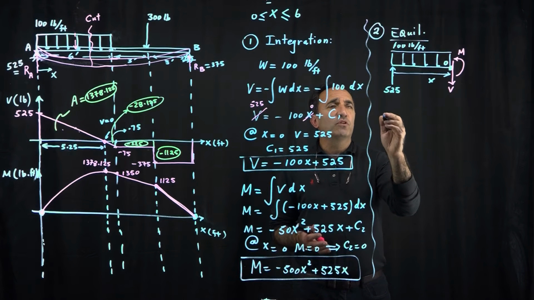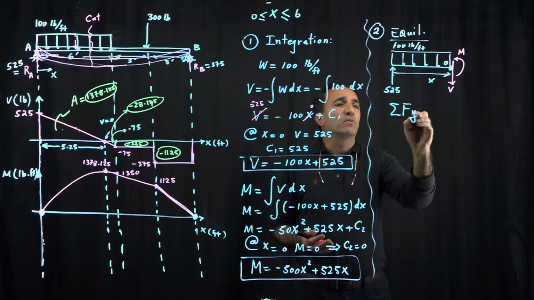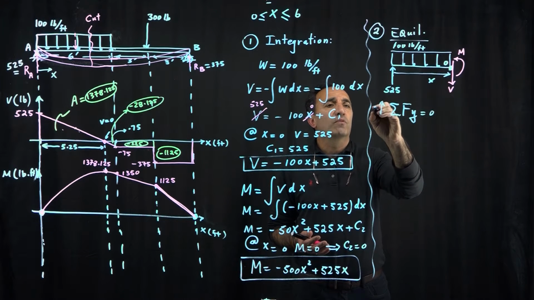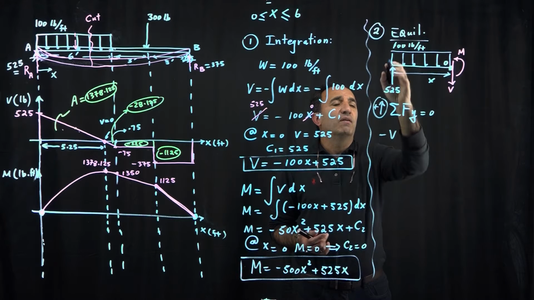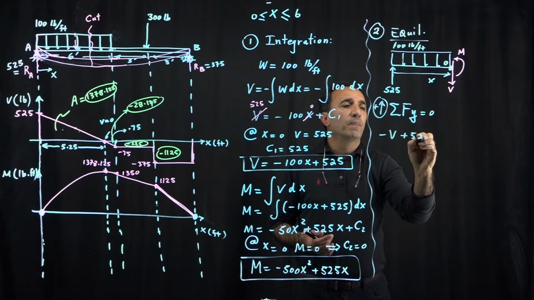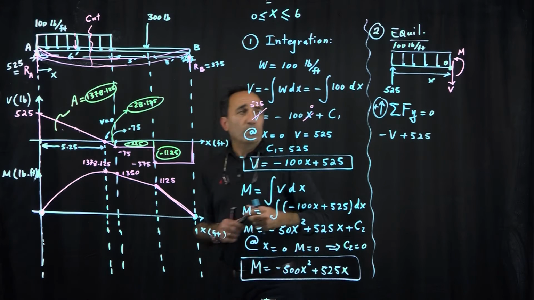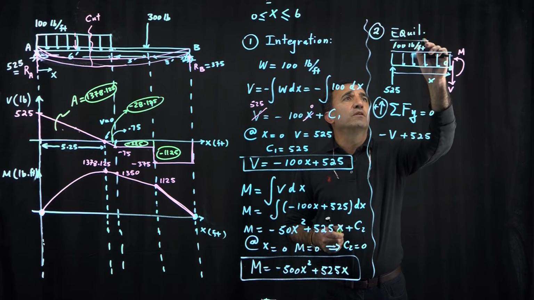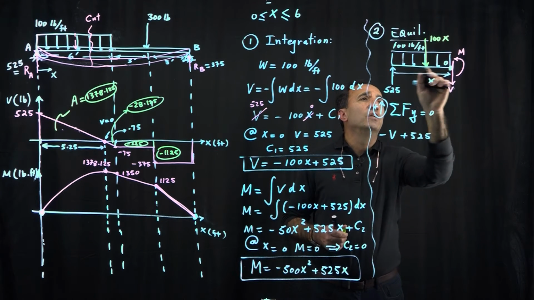So what does equilibrium mean? It means just apply the equilibrium equation, like sum of the forces in Y equals 0. So balancing forces in the Y, we have minus V, we have a 525 going up. And for the sake of finding the force here, I'm going to change this to just a concentrated load of the area of this rectangle, 100 times x.